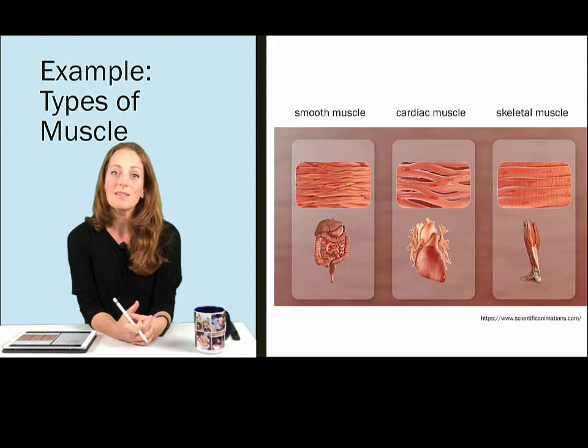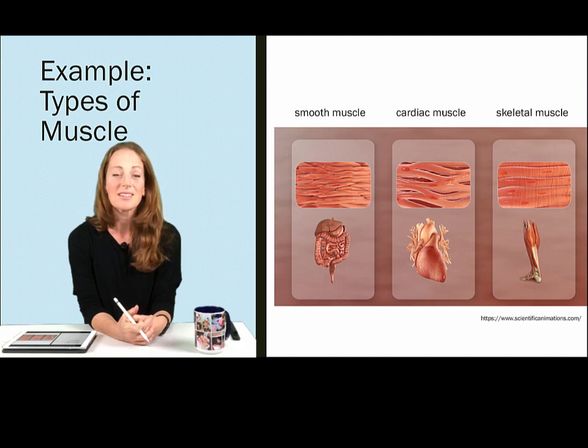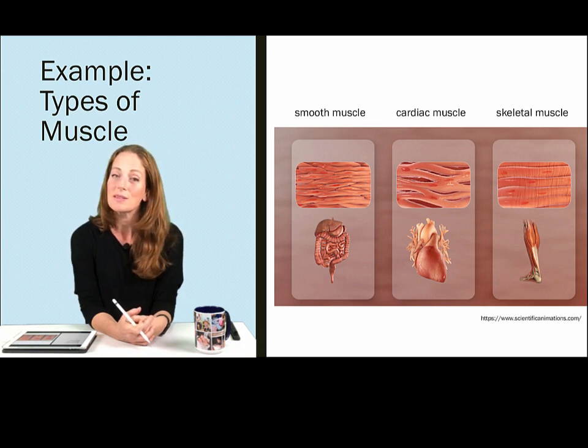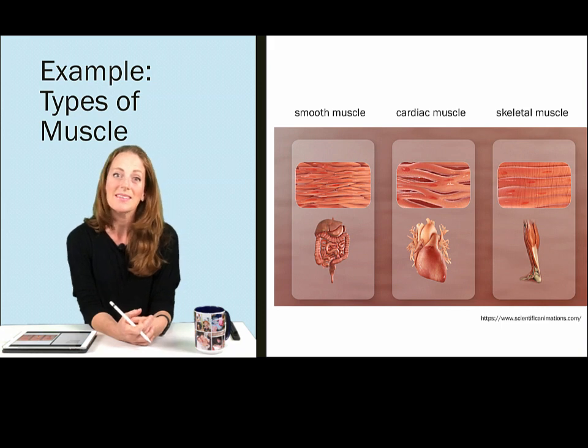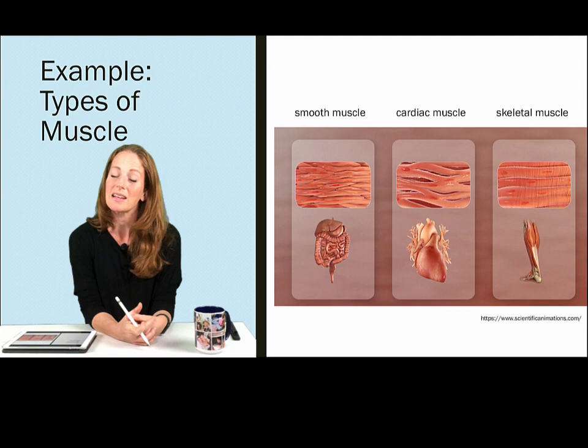At a molecular level, there are also differences in the ways that the biochemical reactions occur within each of these specialized cell types. Smooth muscle cells look and function differently than skeletal muscle cells. Skeletal muscle and cardiac muscle have some similarities, but are also different in their cellular structure.